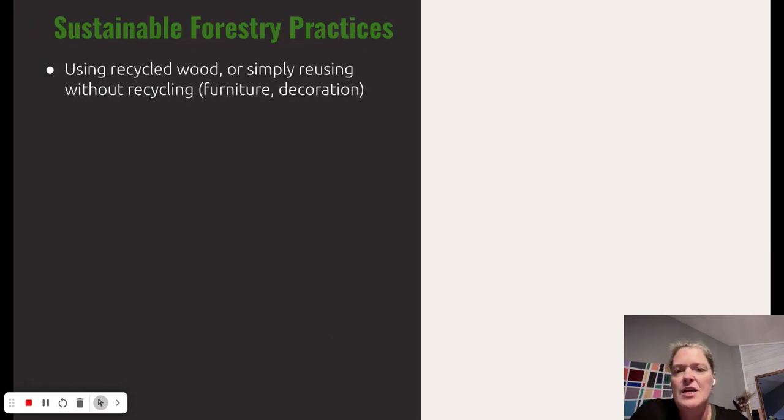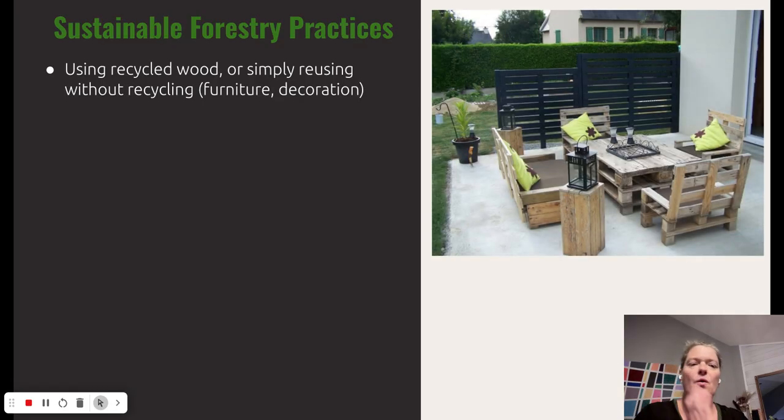Some other sustainable forestry practices include using recycled wood or simply reusing the wood without recycling. For instance, you'll see these pallets being used in an outdoor furniture application, also as a barrier application here around this patio.